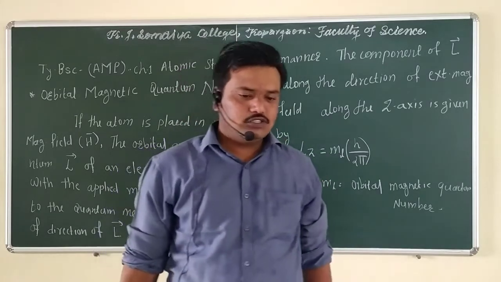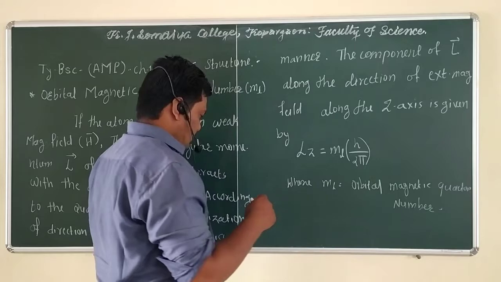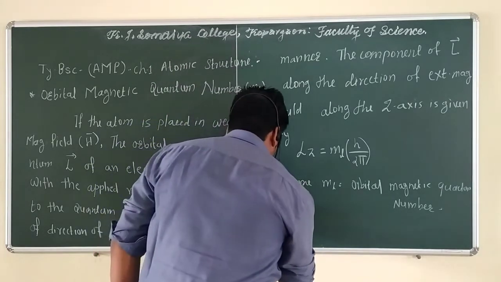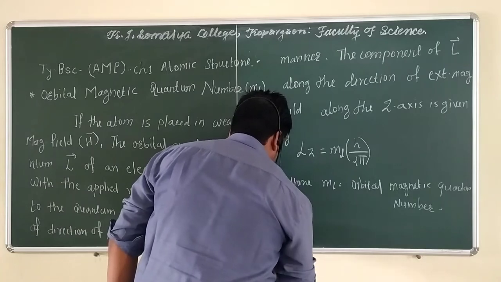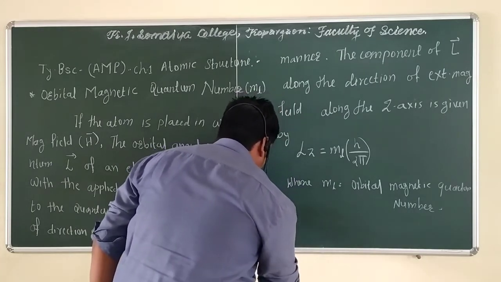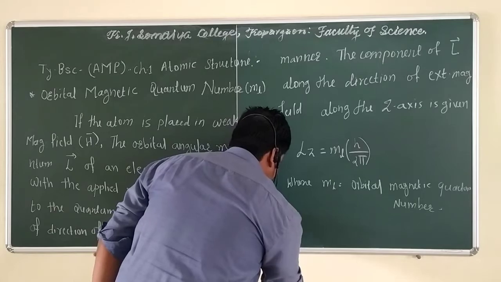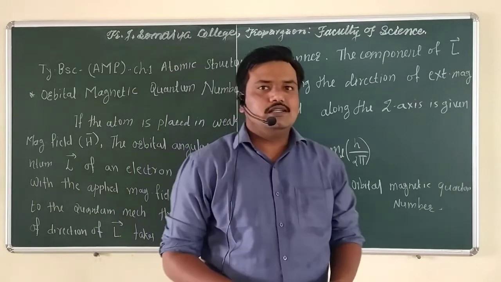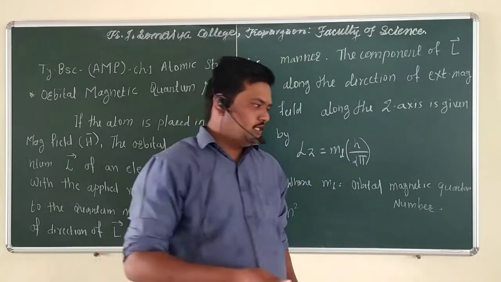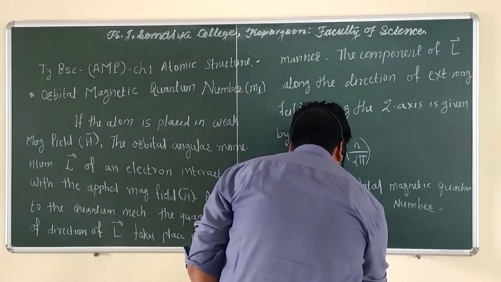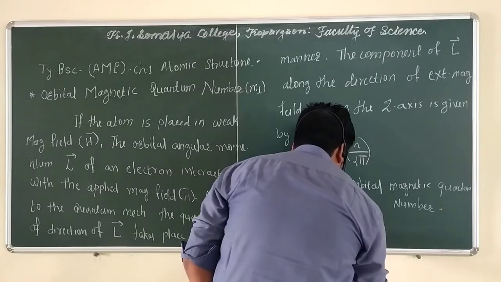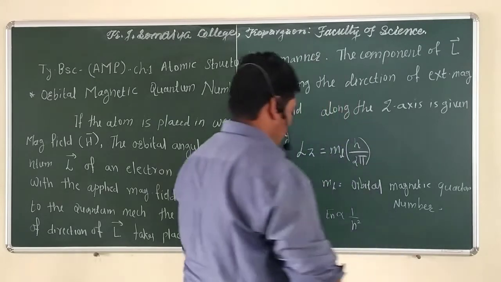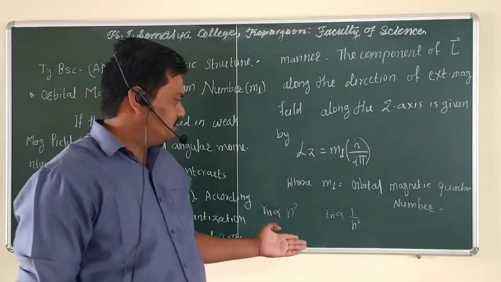That shows that the size of the orbit depends on n square, so Rn is directly proportional to n square, and the energy of an orbit is inversely proportional to n square, that is 1 upon n square. We saw this relation in the last lecture.